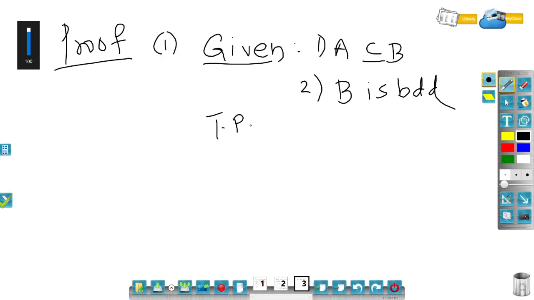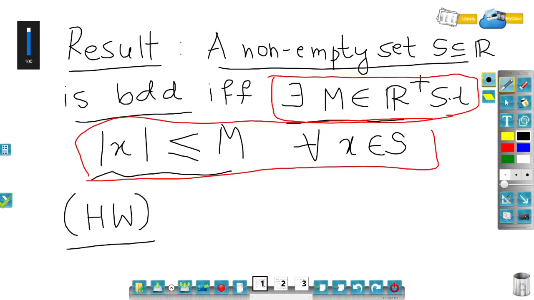What I have to prove is as follows: I have to prove that A is bounded. When will I say that A is bounded? I will say A is bounded provided mod x is less than or equal to M for every x belonging to capital A. If I could prove that, then I can straight away say that A is bounded.